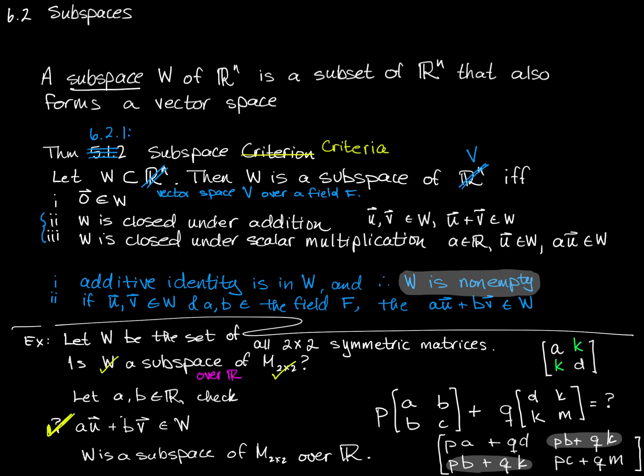I took this example from a different textbook. Your textbook does this exact same problem in example 6.2.3, but it defines a subset of R 2 by 2 as a collection of vectors, 2 by 2 matrices, A, B, C, D, where B and C are equal. So I'll go up here.